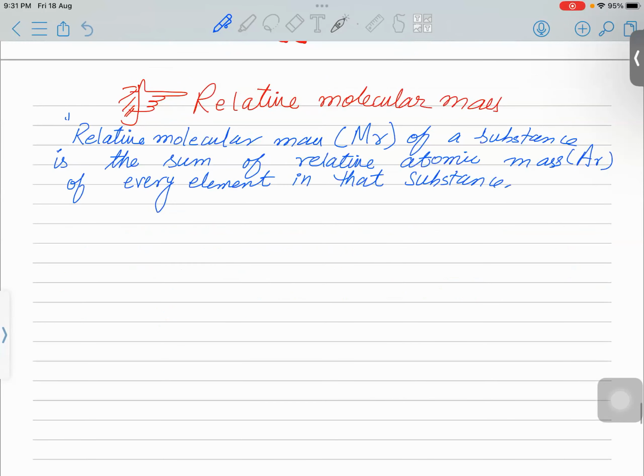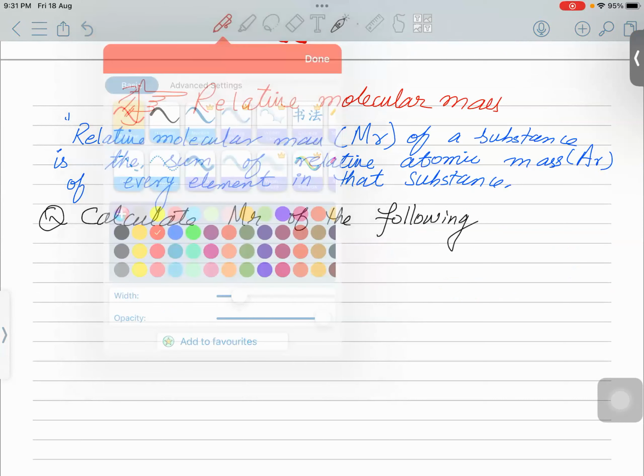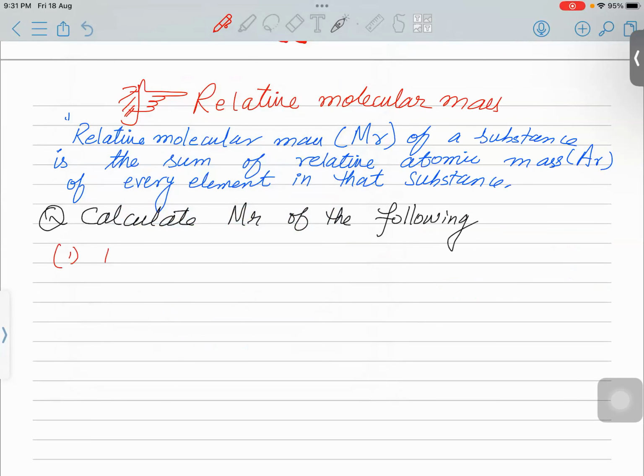Now, what does it mean? Calculate MR of the following. Now, first question. NaCl.